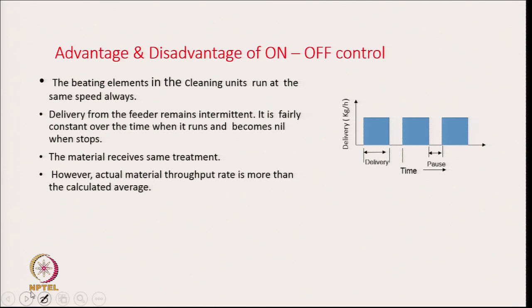Whenever there is a need of material in the subsequent machine, there will be feeding to a particular cleaning unit also, and as soon as the feeding starts, the delivery also will be there. So, the delivery from the feeder remains intermittent, that is sometimes there will be delivery, sometimes there will be a stoppage, because the next machine may sometimes not need material, because there is a stock of material maybe in the reserve box or in the feeding chute of that particular machine.